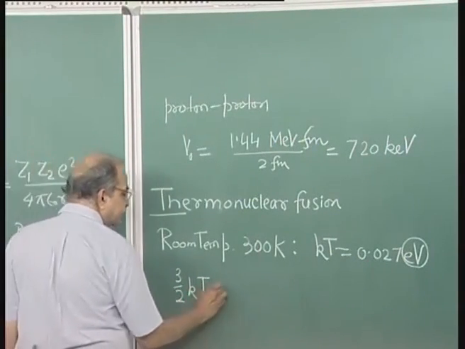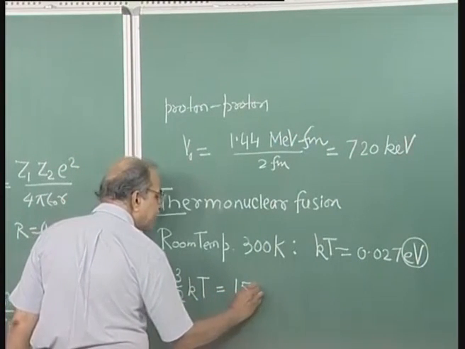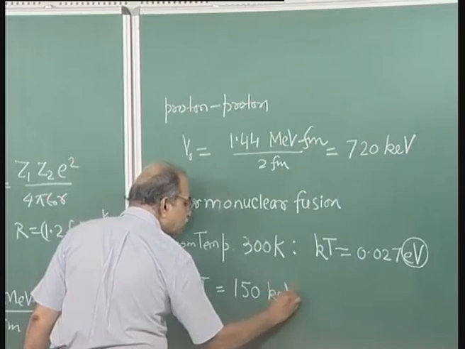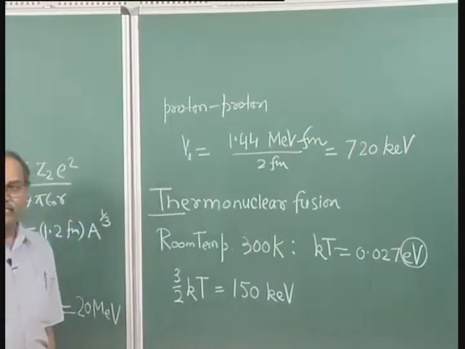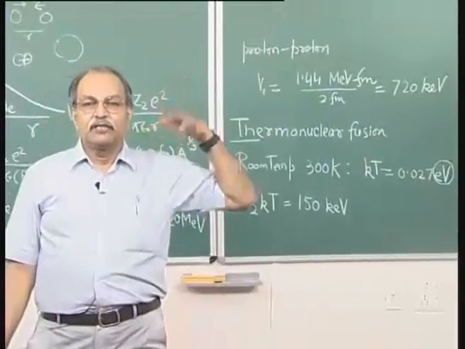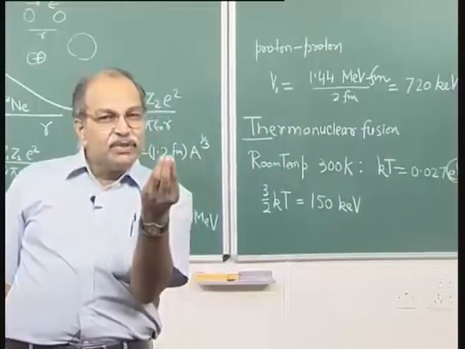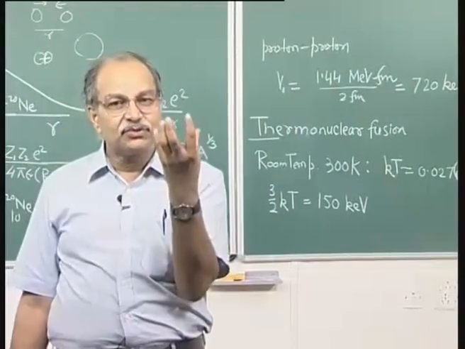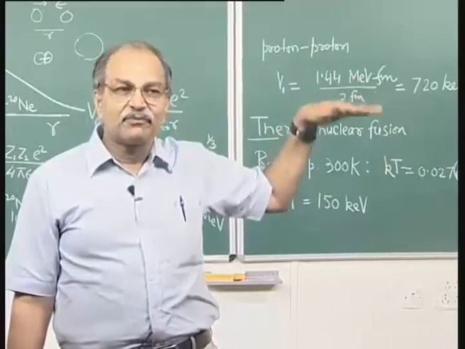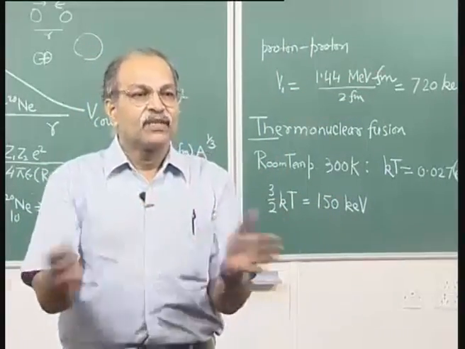So, let us say that let us take a temperature where it is 150 keV kilo electron volts, right. For proton it was 720 kilo electron volts of barrier, and if you go for slightly bigger like deuteron or triton or so on, that will be reduced little bit from 700 little bit because of that radius increasing, okay.